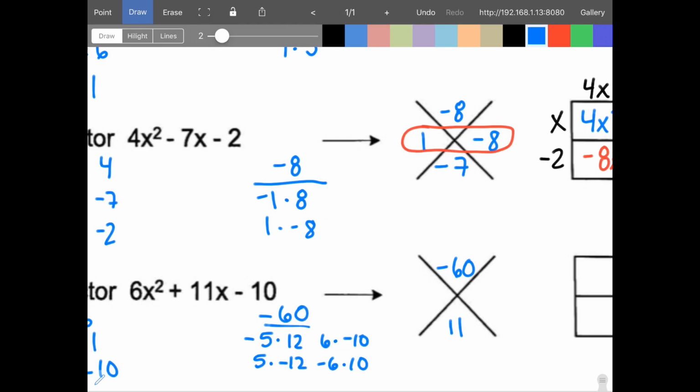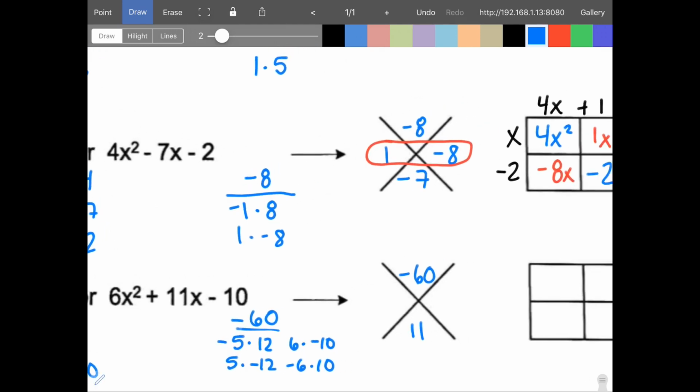Okay, what about 4 and 15? 4 times 15, negative 4 times 15, and then 4 times negative 15. It looks like it's negative 4 and 15, right? 15 minus 4 is 11, and negative 4 times 15 is negative 60.